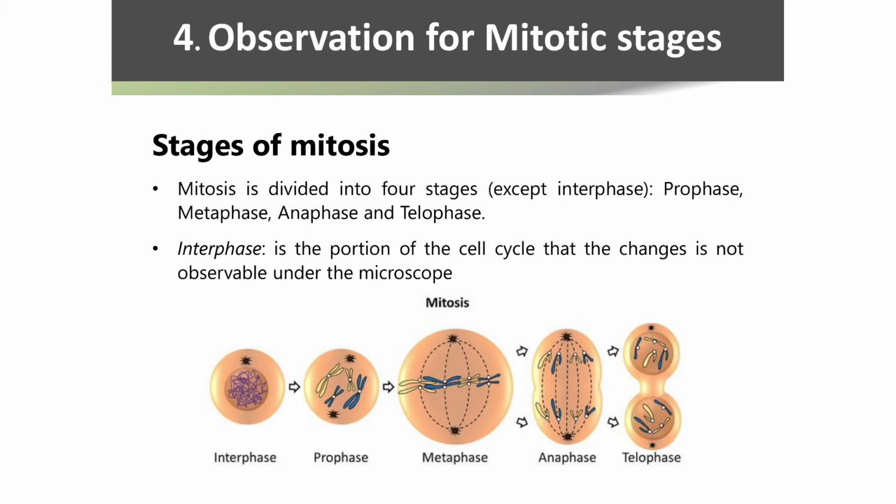Interphase is the portion of the cell cycle in which the changes are not observable under the microscope. After this slide, you can draw pictures on the lab report that represent mitotic stages of onion root tip.